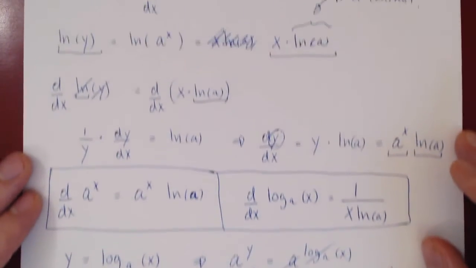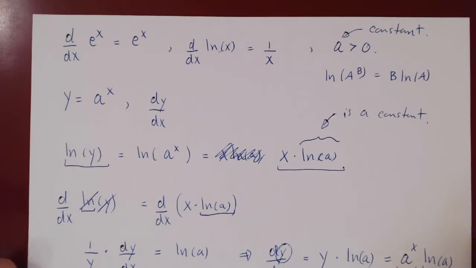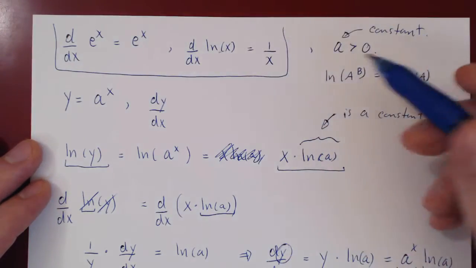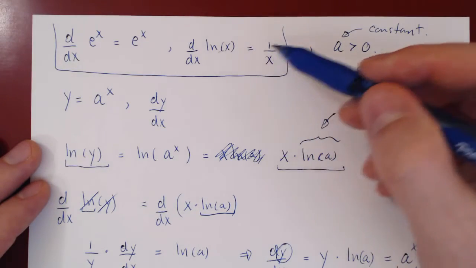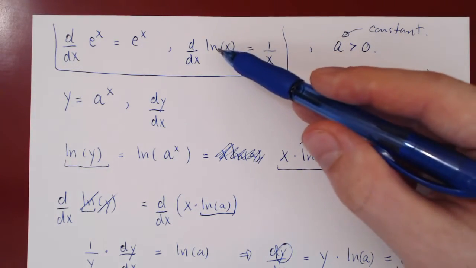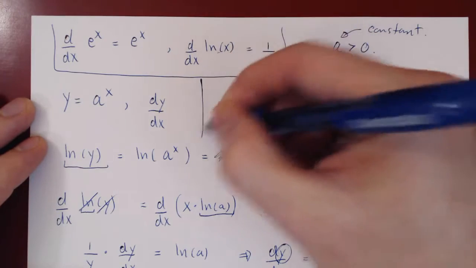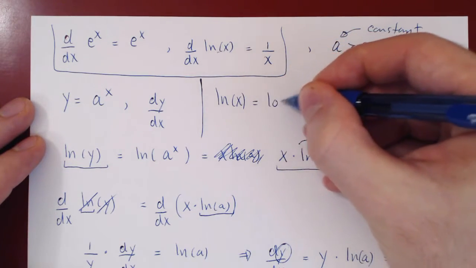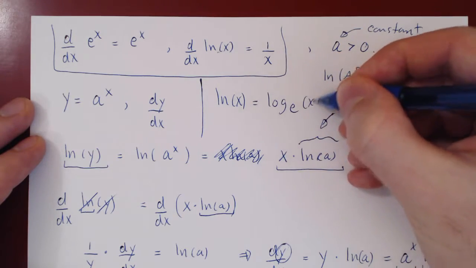And we can go back to e and see if that agrees with what we have for e to the x and ln of x. You see the derivative of ln of x is 1 over x, but that's, if you remember, ln of x is a special name for the logarithmic function base e of x.